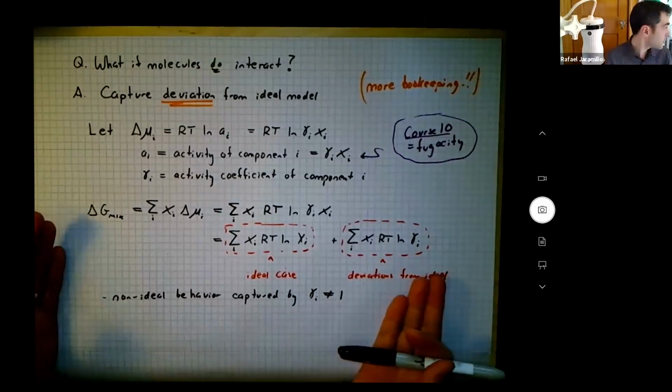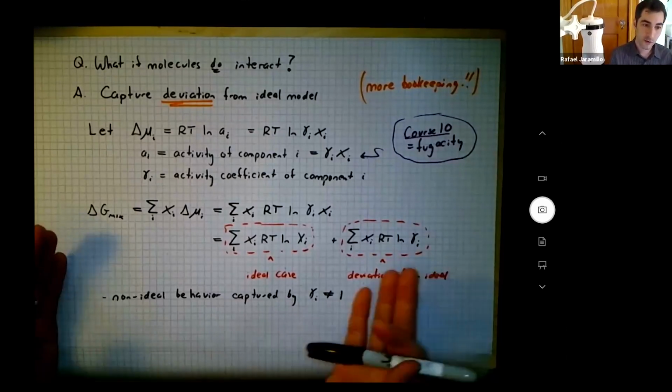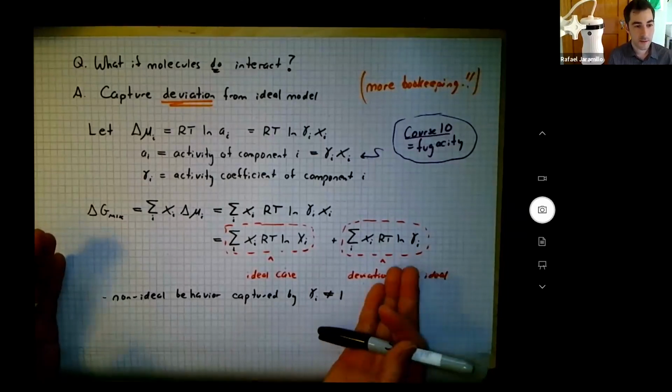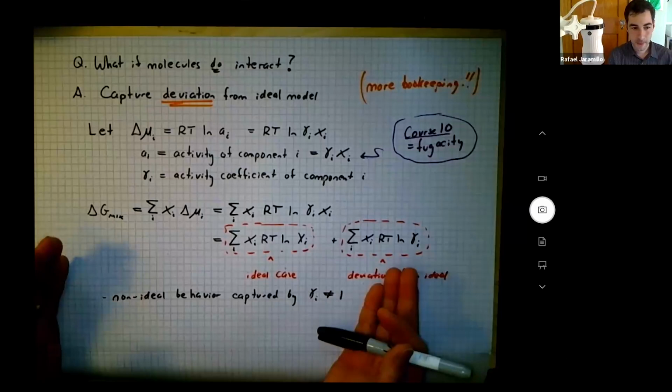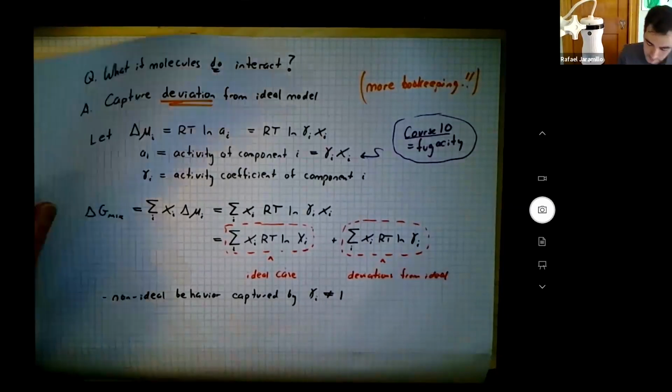And so what we're going to do next is introduce two solution models for non-ideal solutions. Okay. The first one is going to be the dilute solution model.